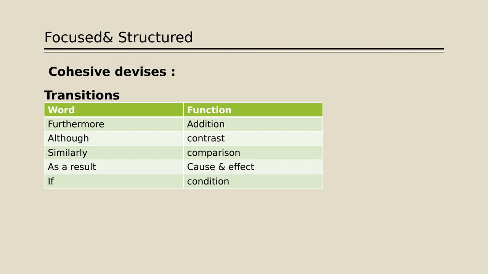These are some examples of using transition signals and also linking words. We do not forget to mention our FANBOYS. This is for A-level students, A1 or A2. Even for us, sometimes we need to use these FANBOYS in our writing.